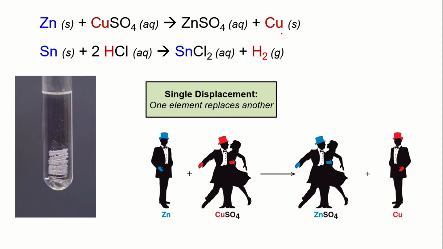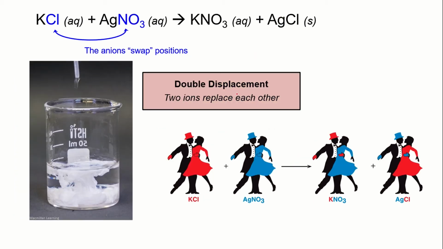Copper has been displaced. In the next reaction, you have tin in the elemental form. As the reaction goes, tin pairs up with chlorine while hydrogen is displaced. In the double displacement, you can see the anions and cations exchange each other's partners.